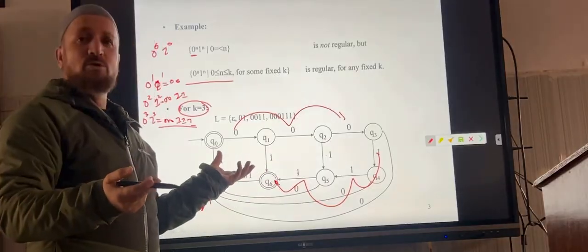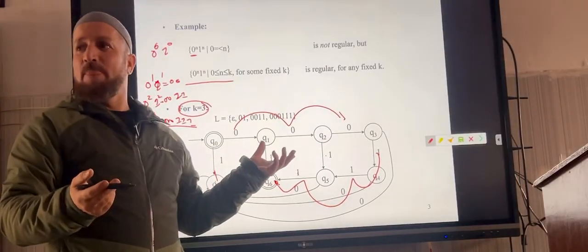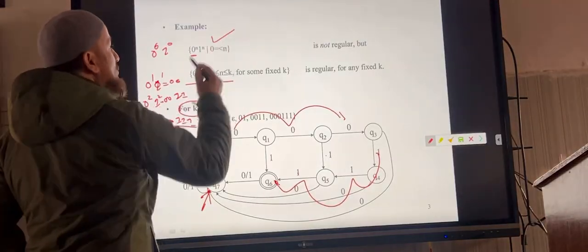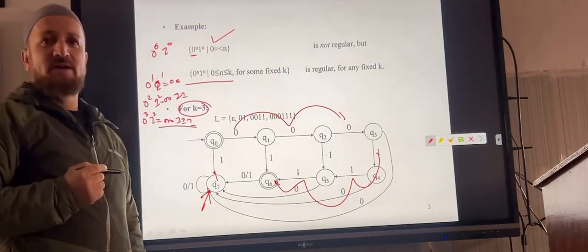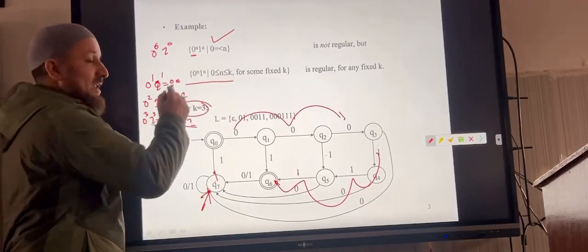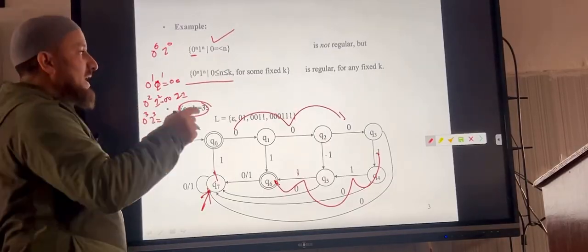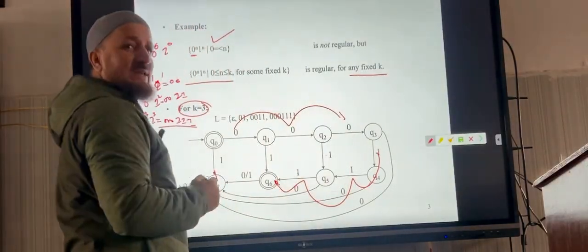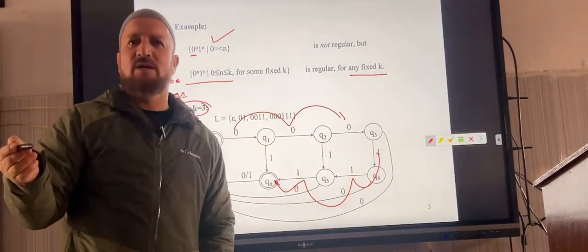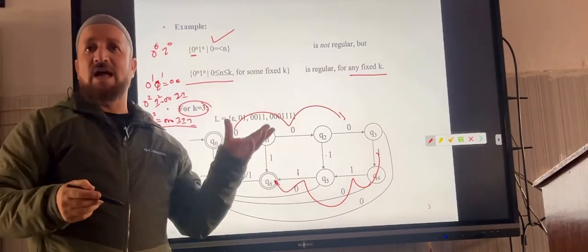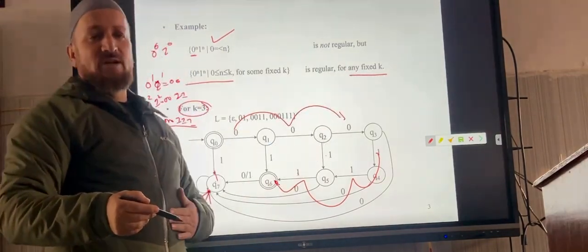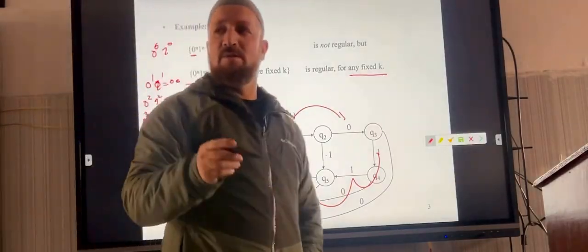So it's not possible, because we don't have such a memory in the DFA. So we cannot design this using DFA. Therefore this is not a regular language. But if k is fixed, whether k is 3, 4, 5 or something, we can design it, but not if k is not defined. Getting the point? Everybody got the point at this point?